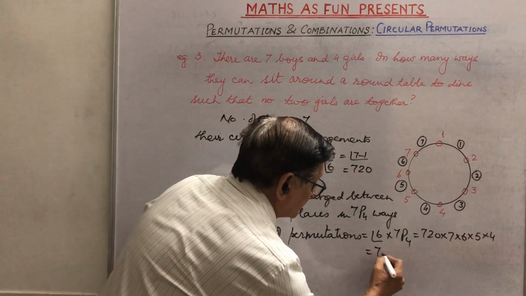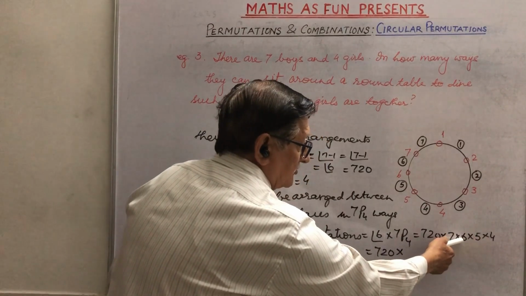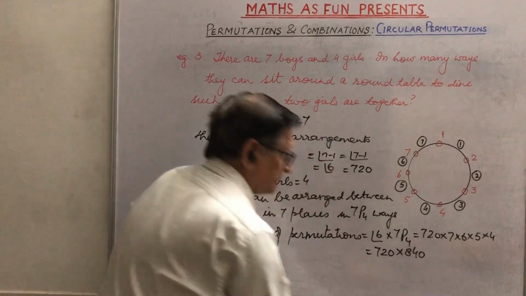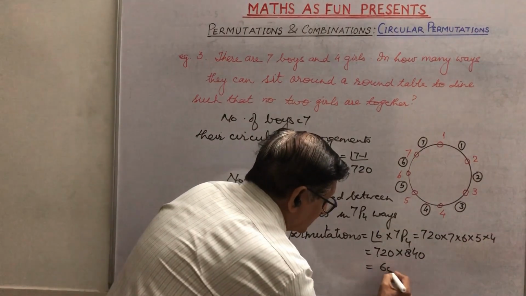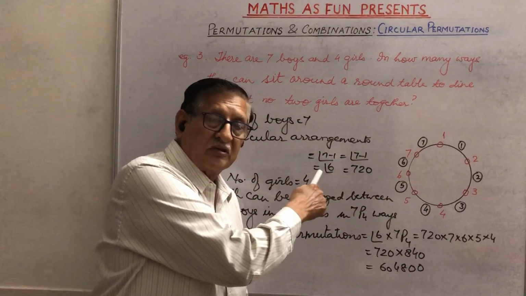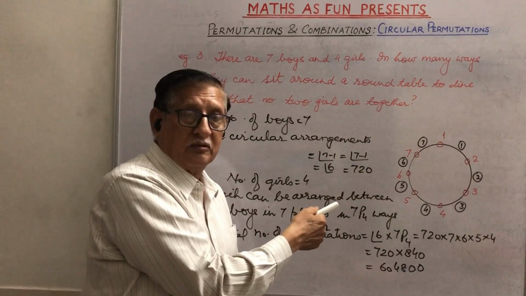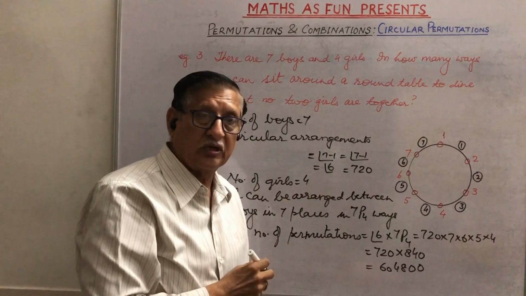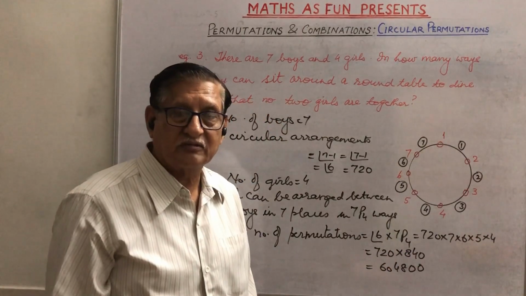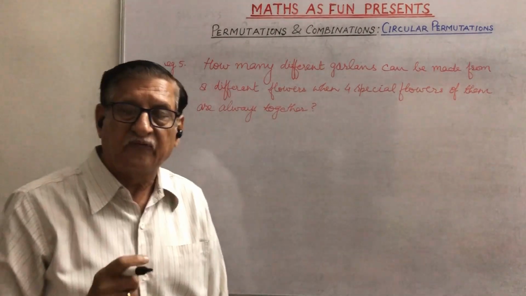This is equal to 720 into 4, 5 20, 6 120 into 7, that is 840, which is equal to 604800. It means 7 boys and 4 girls can be arranged in circular order with the restriction that no 2 girls are together in 6,04,800 ways.